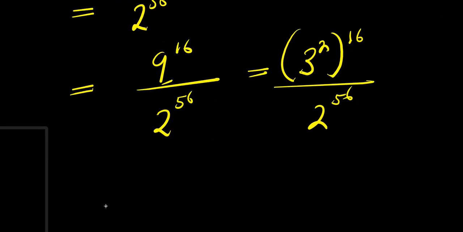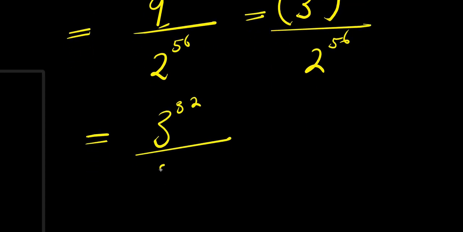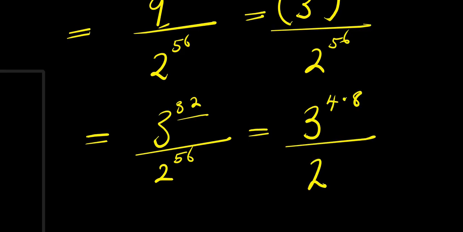So we simply have 3 power 2 times 16, that is 32, divided by 2 power 56. So 3 to the power of 32 is simply 4 times 8.